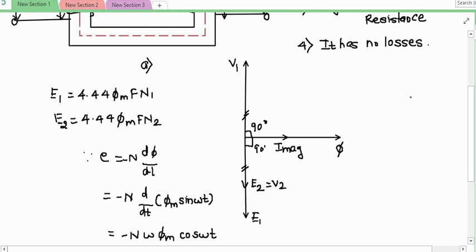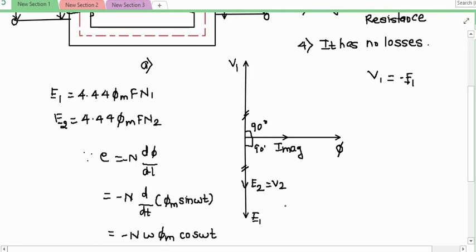So who is responsible for producing E1? The applied voltage V1. That's why V1 will oppose E1. So I can write V1 is equal to minus E1, or E1 is equal to minus V1. So E1 is in phase opposition with V1.